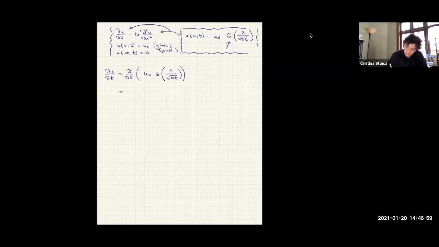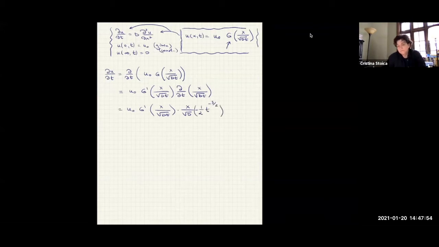So it will be u naught g prime of x over root t times the partial in t of x over root t. I remind you how to do the derivative of 1 over root t. X is a constant when we do this kind of partial, and we have to do the derivative of t to the minus a half, and we end up with minus 1 over 2, t to the minus 3/2.